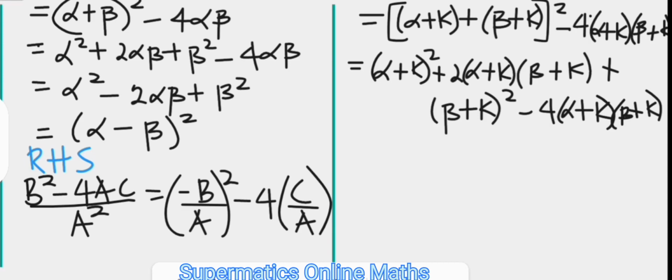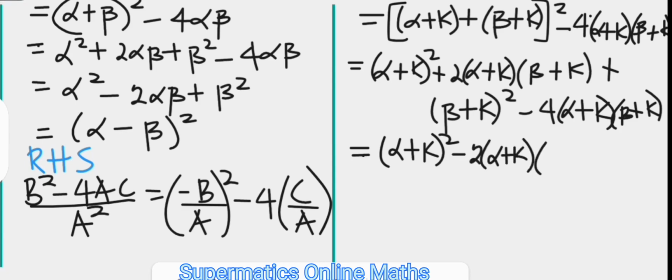This will give us alpha plus k all squared minus 2 times alpha plus k beta plus k plus beta plus k all squared.